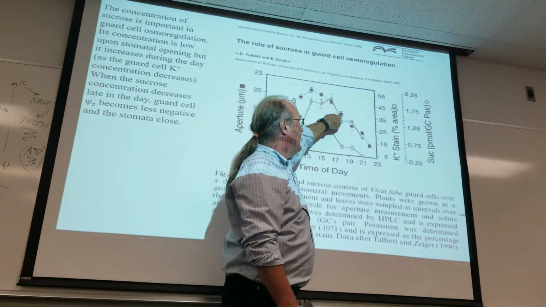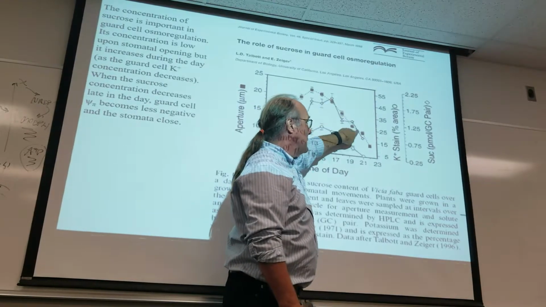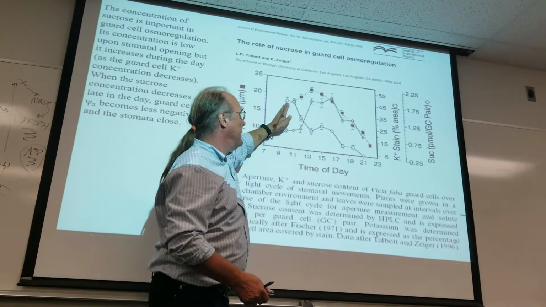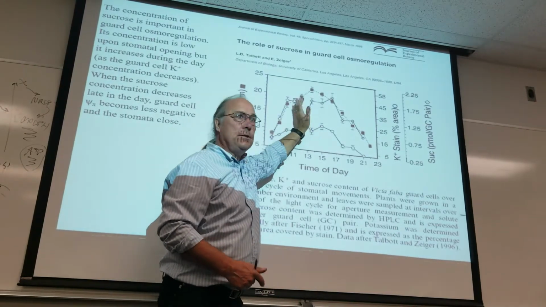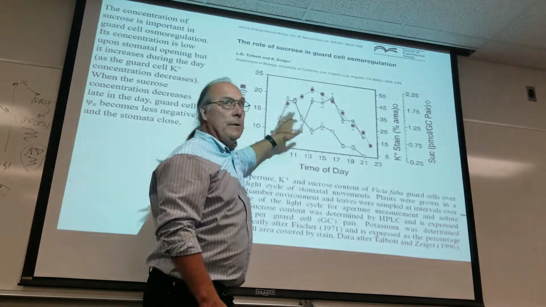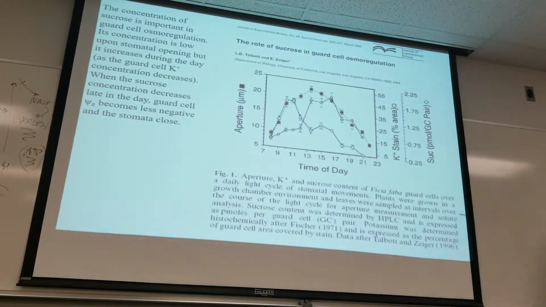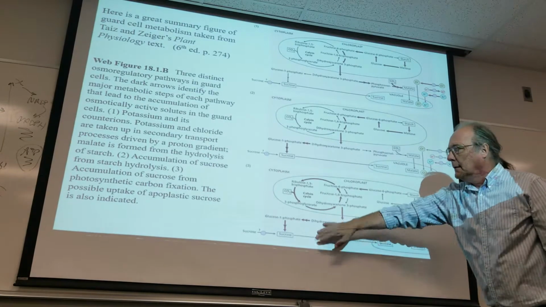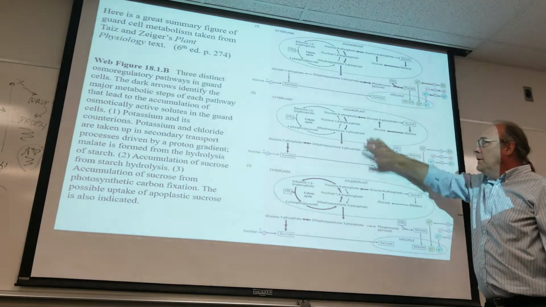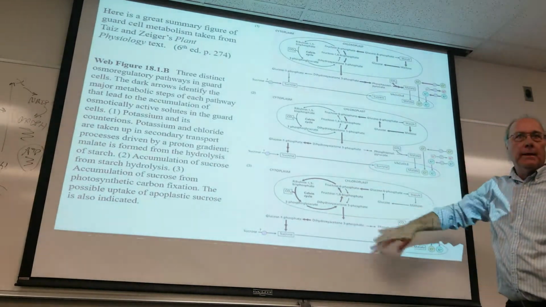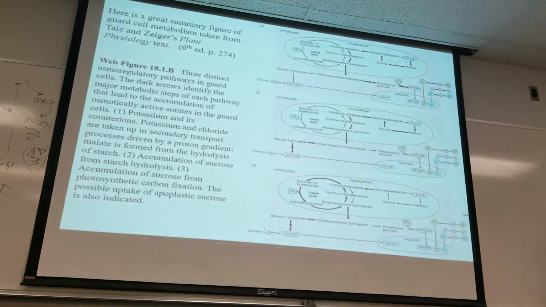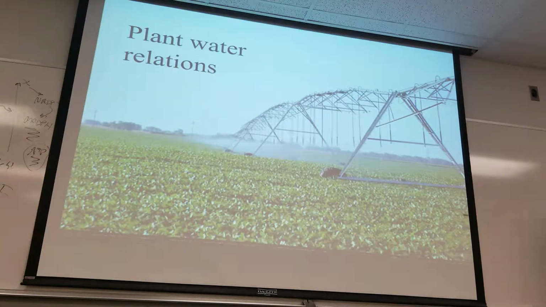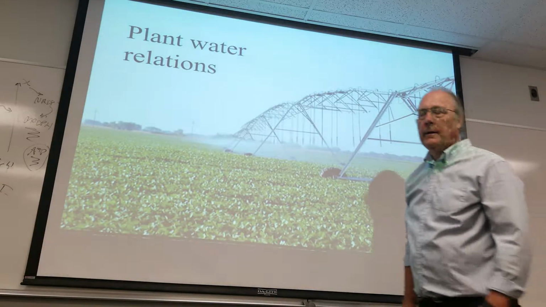Later in the day, when they close, the sucrose concentration also decreases. So sucrose is important too, but its effects are shifted a little bit relative to potassium ion. And that's what Taiz and Zeiger are trying to incorporate here. The guard cells have all these pathways for making various ions. That's what's happening with the guard cell metabolism.